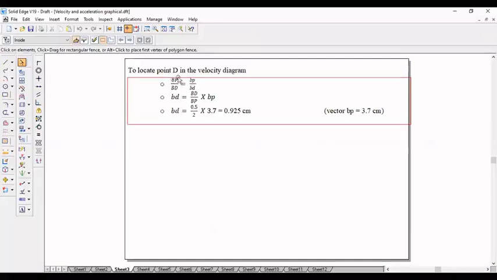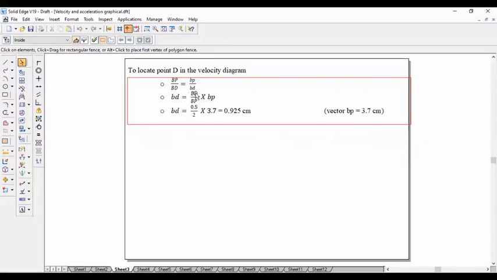BP is the connecting rod length divided by BD from B point to D. The corresponding ratio, small letters, indicates it is the velocity line, that is bp by bd. What you do not know is bd. So for bd you get the formula. You just take this bd this side and these remaining values to the other side. That way bd becomes capital BD divided by capital BP into small bp.